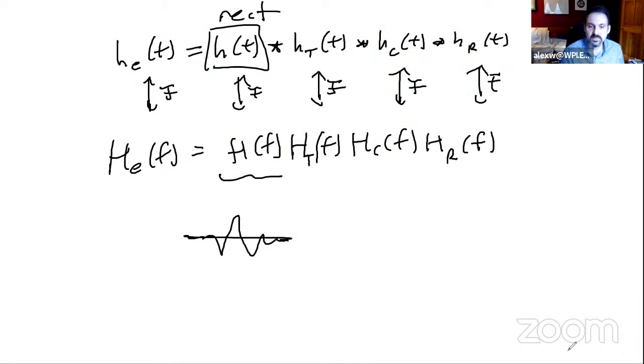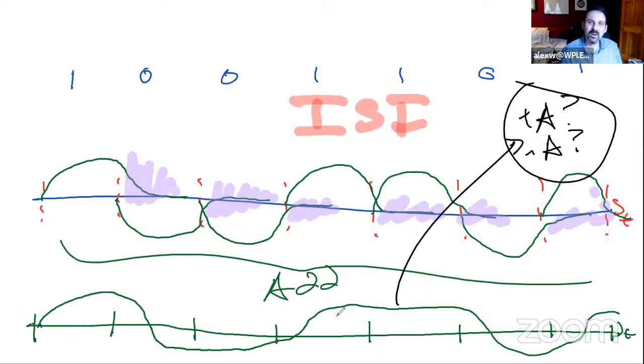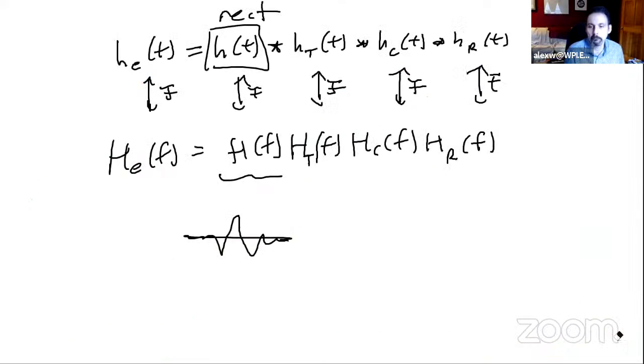So if you had rectangular pulses, and this is the reason I am emphasizing rectangular pulses a lot, the eye diagram is a great tool for identifying ISI. As an aside, remember this. There we go. I'm going to put it here as an aside.